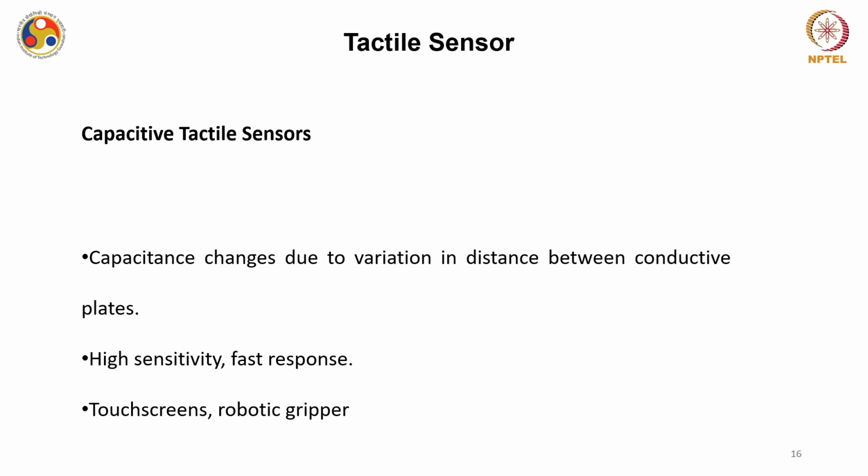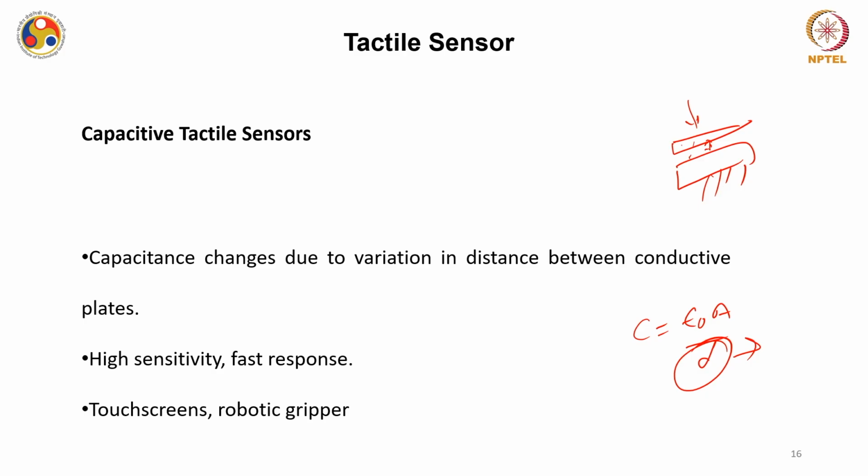If you remember, we have discussed this in the previous modules, where we have taken the formula C equal to epsilon A by D. If these are two different plates, and you are applying a pressure or a force over here, the distance between these two plates decreases. Say one plate is fixed and one is changing, the gap between these two plates, this D, will vary, and based on that you have a capacitive tactile sensor.